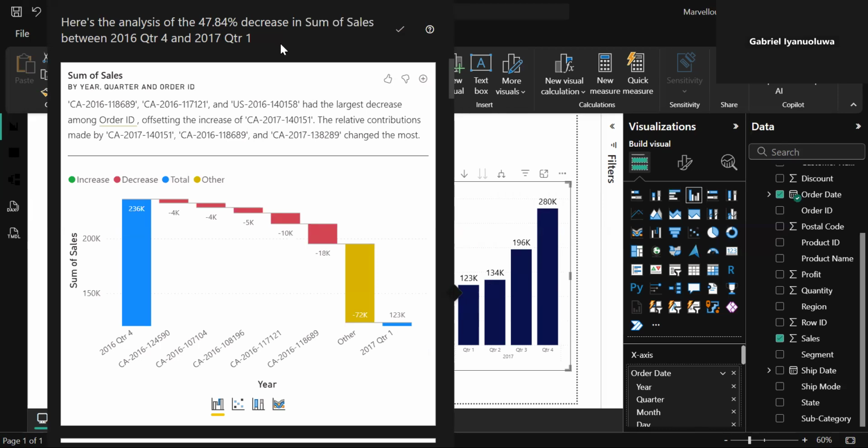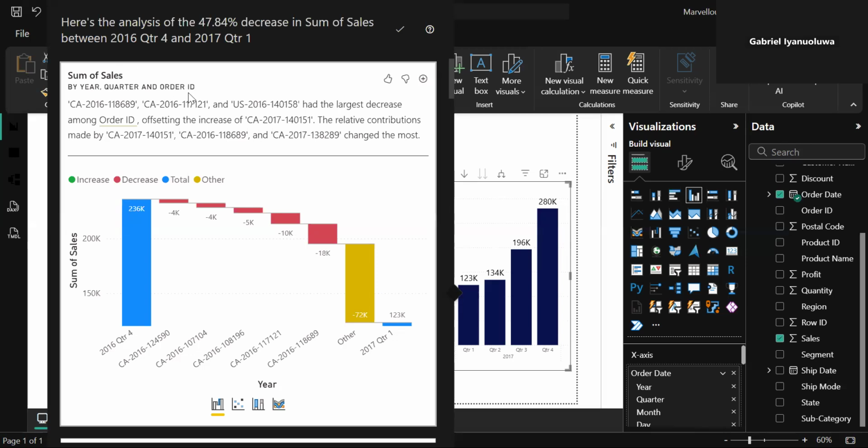These are what we really want to consider: 2016 quarter four and 2017 quarter one. These are the things that we want to look at and explore. Now, sales. Don't forget we are working with sales. And of course, you can see that it's talking to us about sum of sales around those specific spaces of time.